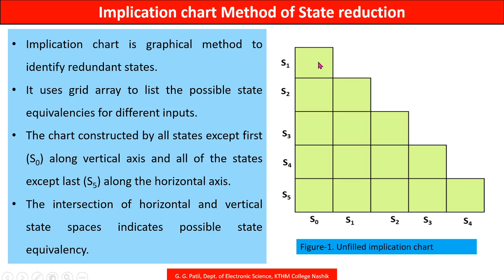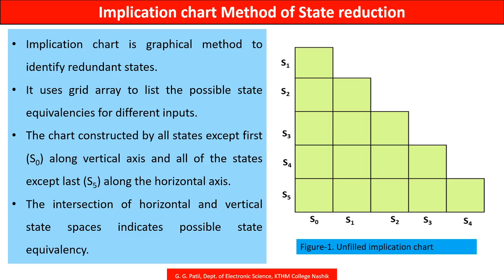Here this square represents S0 and S1. This square represents S0, S2, this is S0, S3, S0, S4, S0, S5, and similarly for the rest of the state spaces. So in this way, the unfilled or empty implication chart for any given state machine can be drawn.